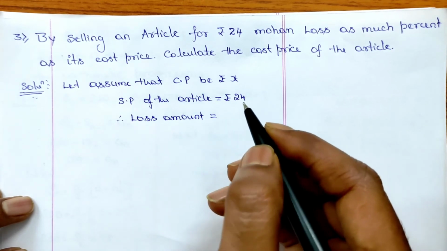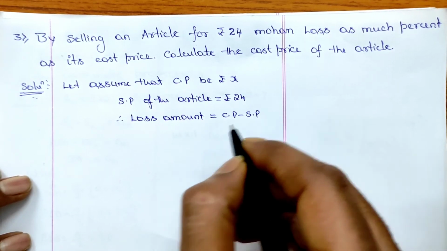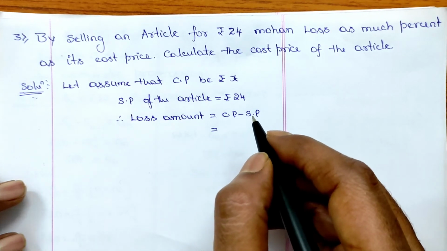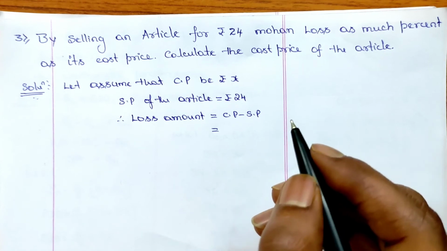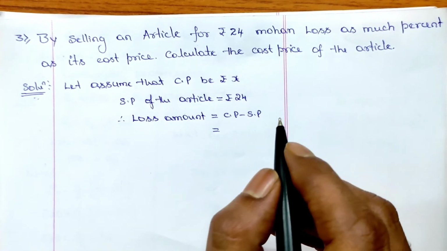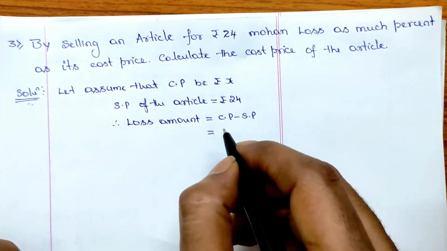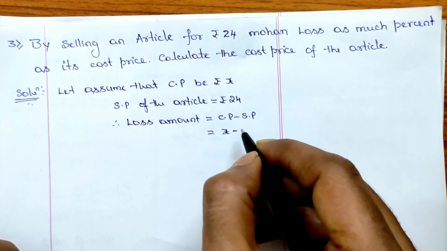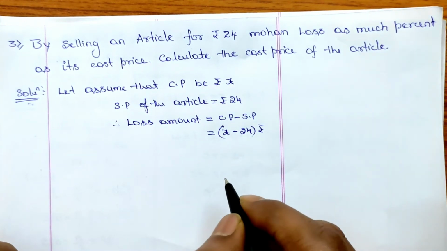What is the formula of loss? Loss is equal to CP minus SP. For more amount the article is purchased and it is sold for less than the cost price, so therefore loss will be incurred. Loss is equal to CP is X minus SP is 24, this much of rupees. This is the loss incurred.